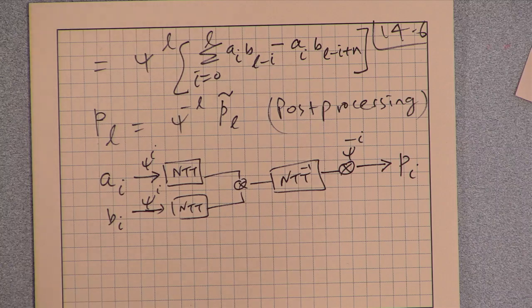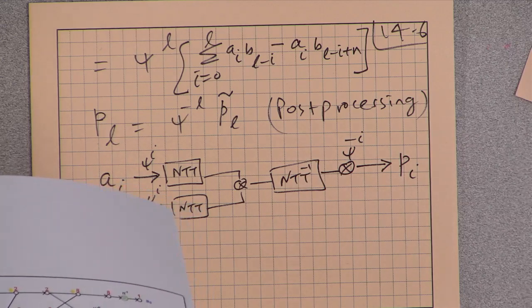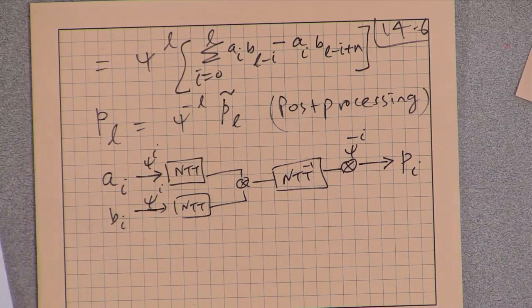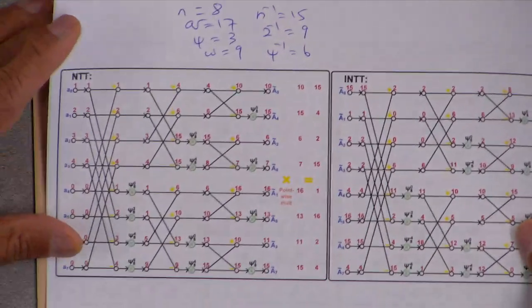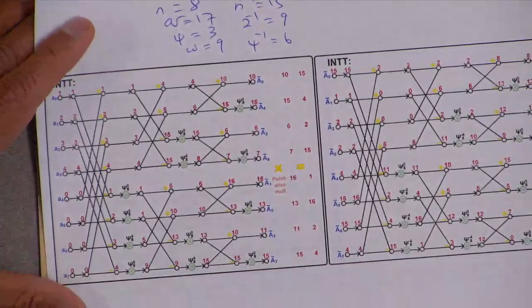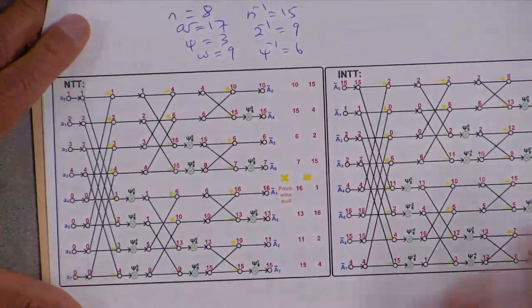So I have posted a couple of examples in the handout, so look under that handout. So here are some examples. These are in your handout, so you don't have to worry about this.